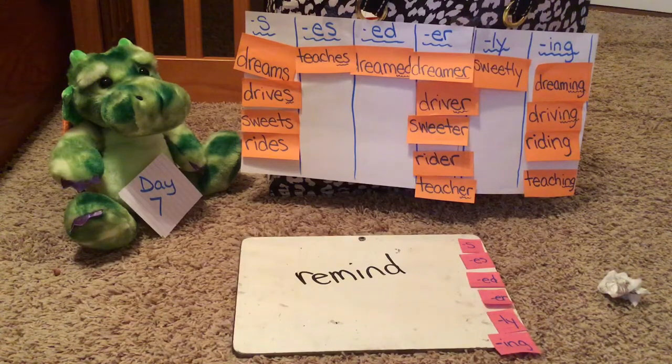Okay, now go back to your base word remind, and I want you to write the word reminder. A reminder. Okay, now go back to your base word again, remind, and I want you to write the word reminding. It's got that ing sound at the end.